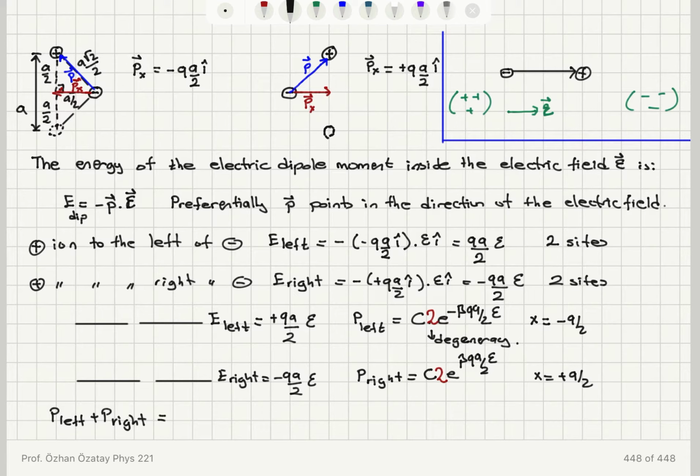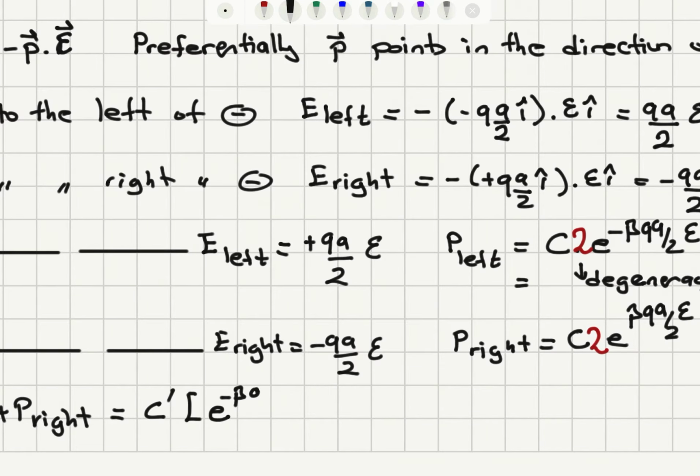So let's define 2c as c prime, then I would have c prime times e to the minus beta qa over 2 epsilon plus e to the plus beta qa over 2 epsilon, and this must be equal to 1.